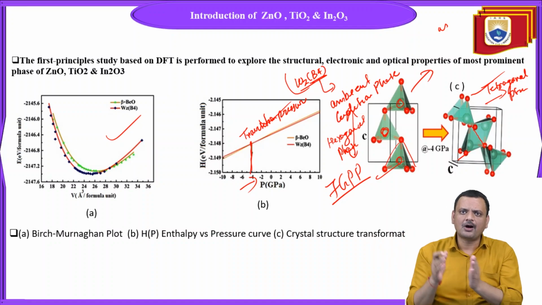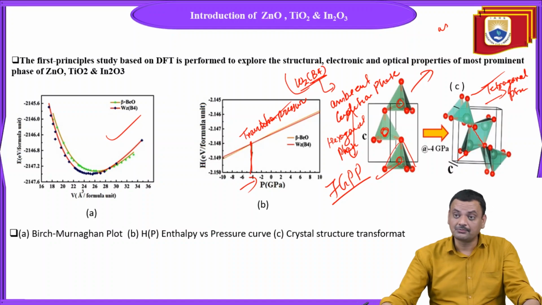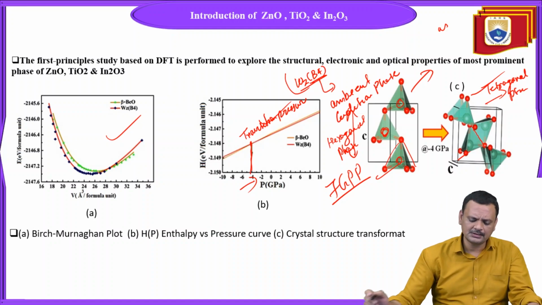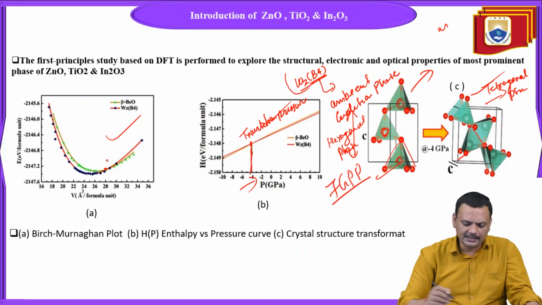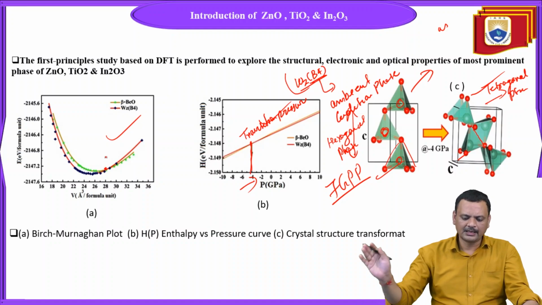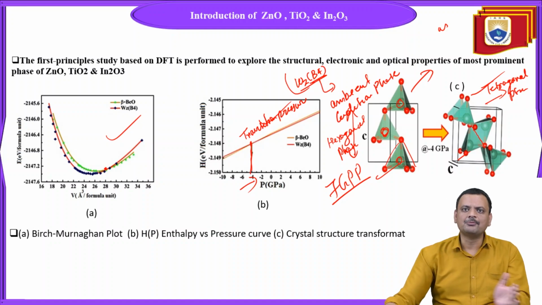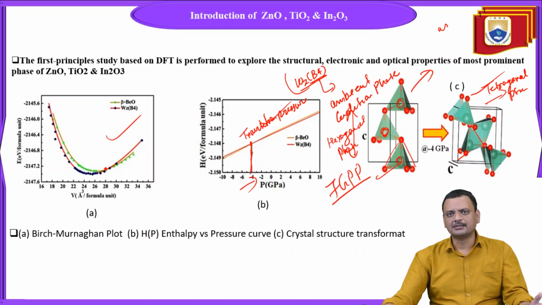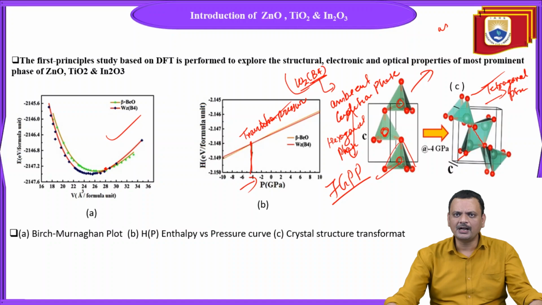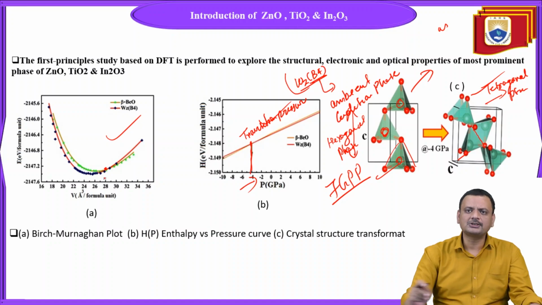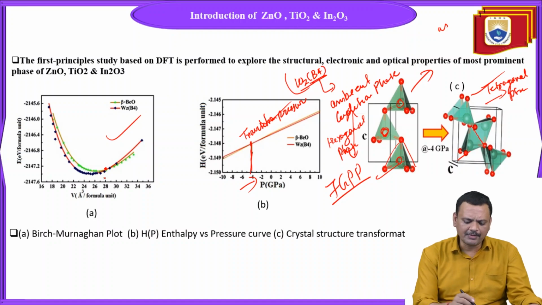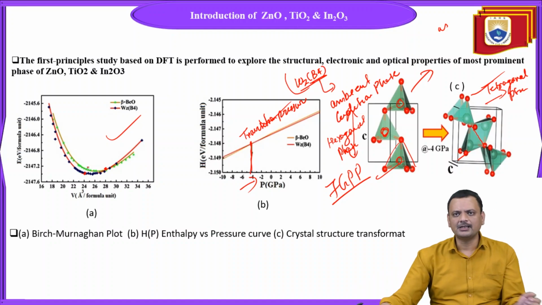I also plotted the energy versus volume curve for these two phases, and they intersect here in the higher volume region. What does it mean? It means the volume is expanded, and the lowest possible energy comes for the wurtzite B4 phase.